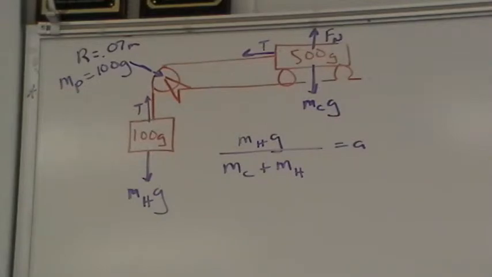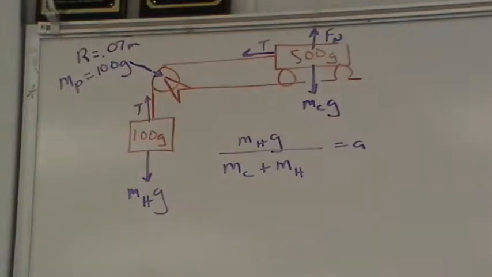What's the vertical portion of the string responsible for doing? Supporting it. Yes, in one direction it supports the hanging mass. In the other direction, what else does it do? It turns the pulley. Anything else? It pulls the cart.